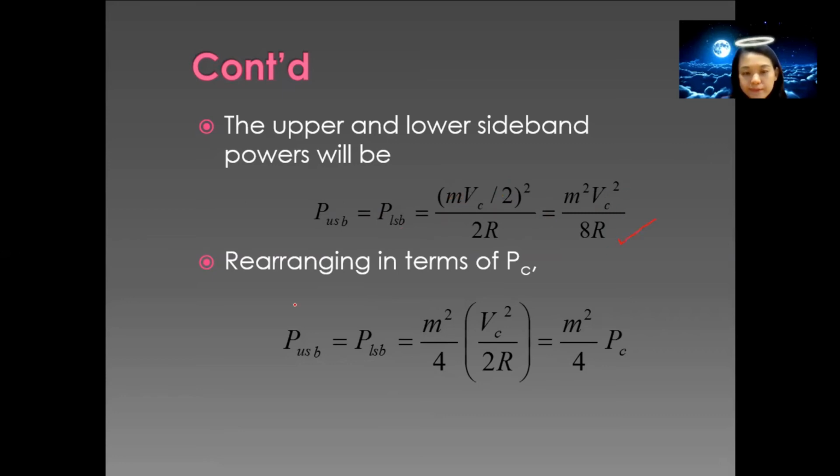Rearranging it in terms of PC, the power of the carrier, we know that this part is our carrier. So we have M squared divided by 4, and our carrier is VC squared divided by 2R, which we substitute with PC, giving M squared divided by 4 multiplied by PC.